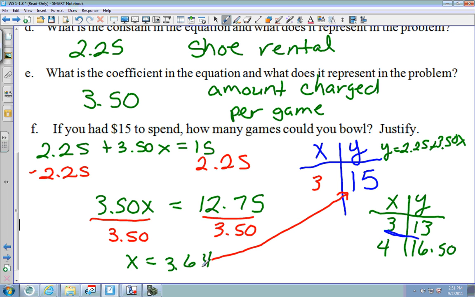Can you really go to the bowling alley and go, hey, I only have $15, so can I just bowl like 6 frames? No, just like you can't go to Walmart and say a candy bar is $1, you only have 50 cents, and go, hey, if I take this candy bar and cut it in half, can I just give you 50 cents for half of the candy bar? You can't do that. So reasonably, you have to go down for this reason because it would only be $13.